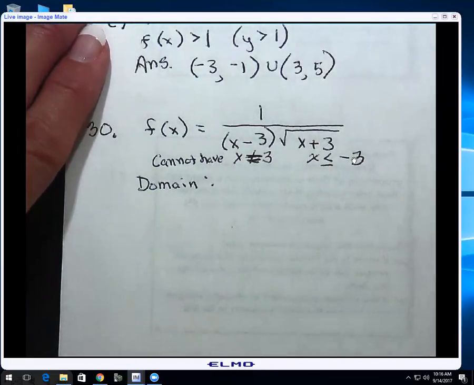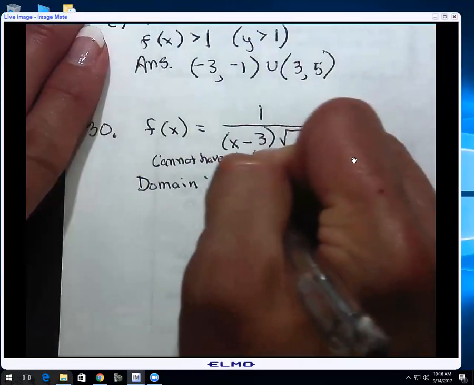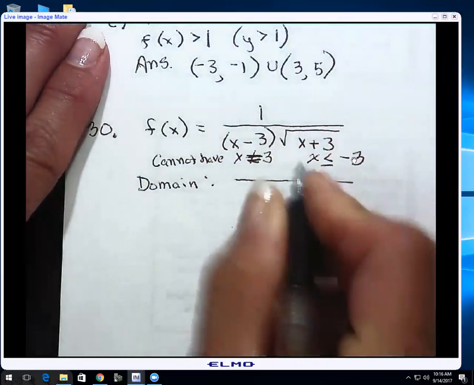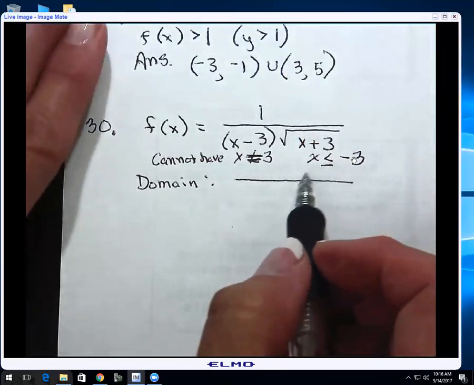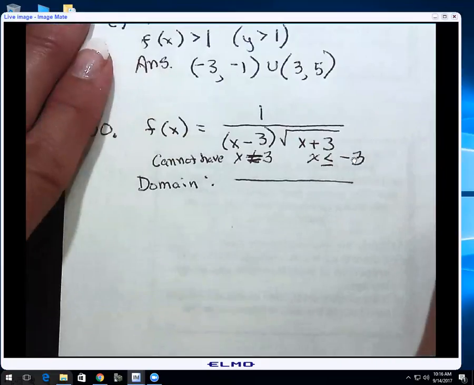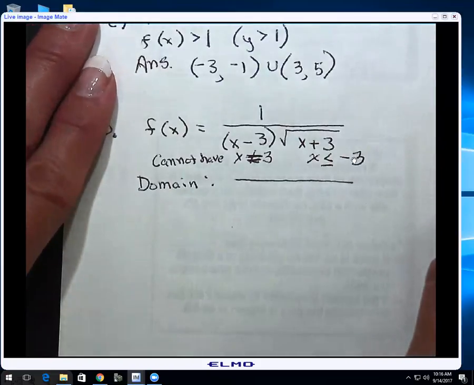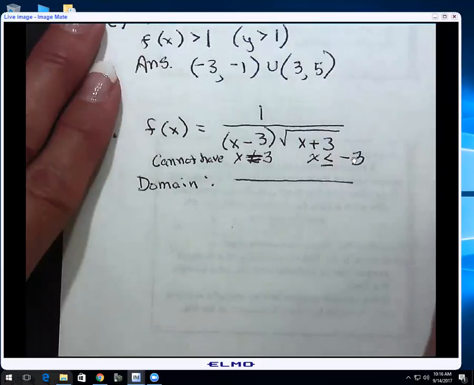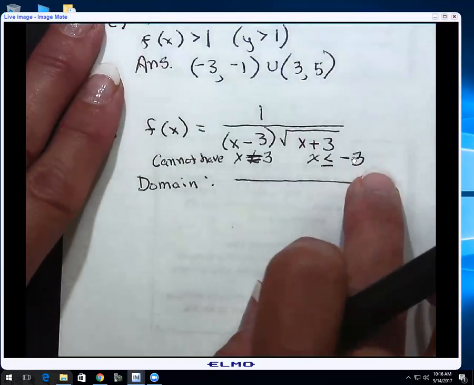You can graph it on a number line if it helps you. All the numbers, I can't use anything less than -3. So -3 to 3. I cannot use anything less than -3.